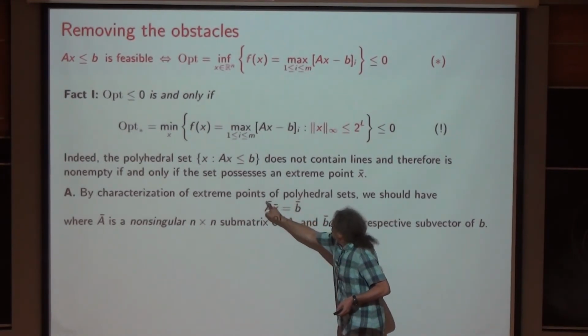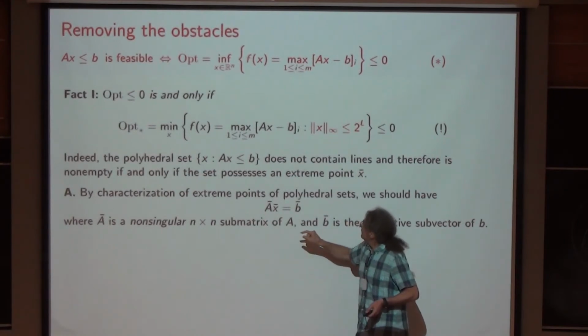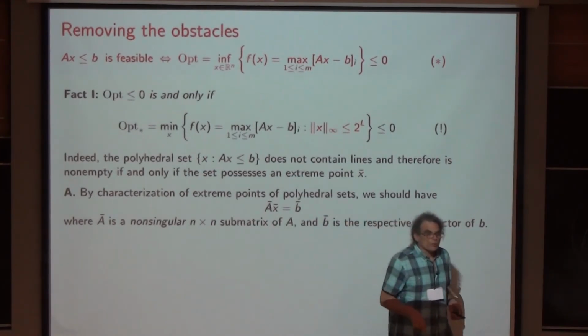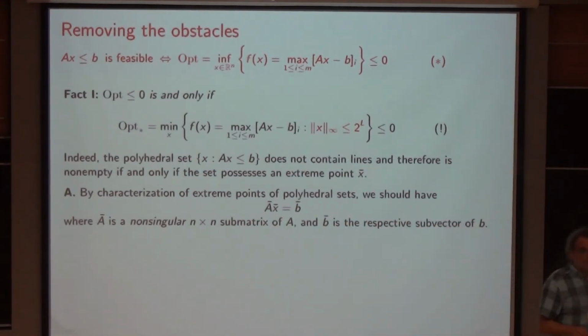So we can look for an extreme point of this set, and if you know the characterization of extreme points of polyhedral sets, say we have a polyhedral set, and these are extreme points.